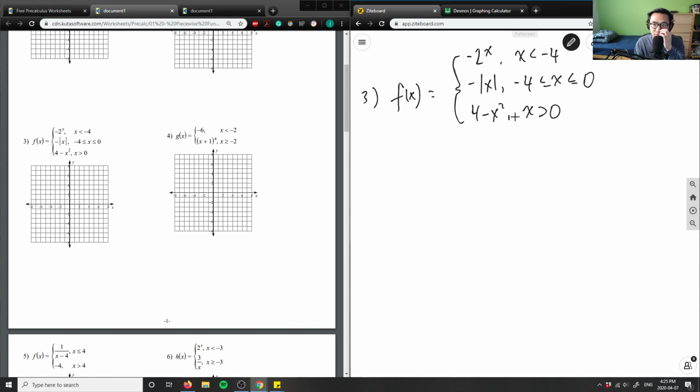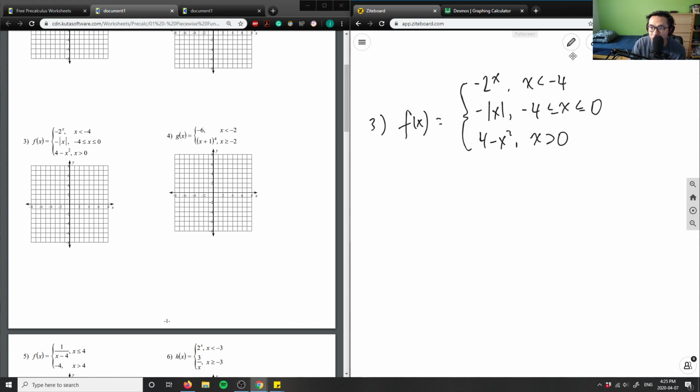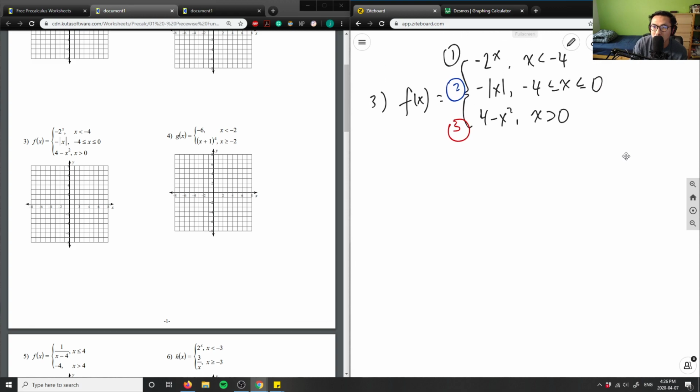So these are my three functions. Again, I have three different parts, so I'm going to use three different colors to show you. This is my first part, my second part, and my third part. So let's work on these three parts.